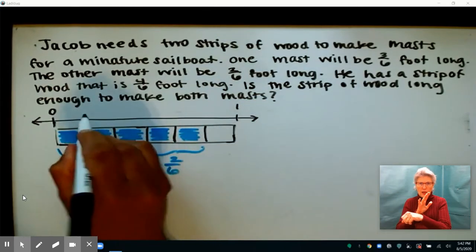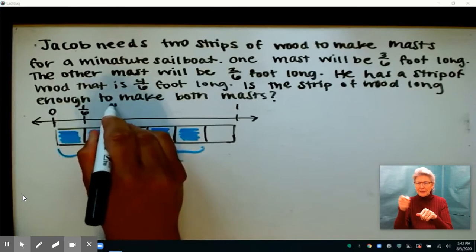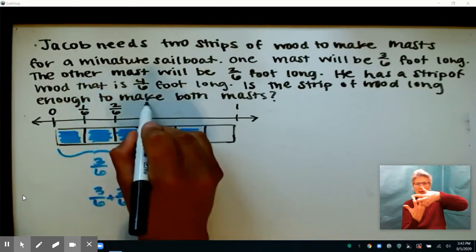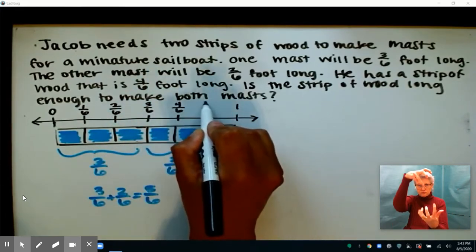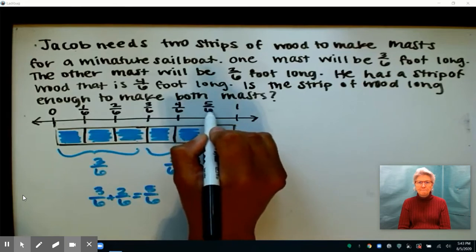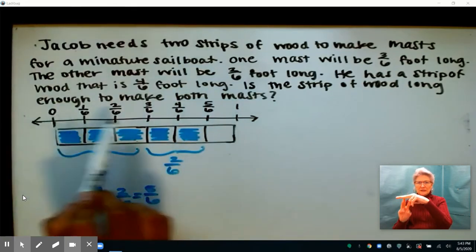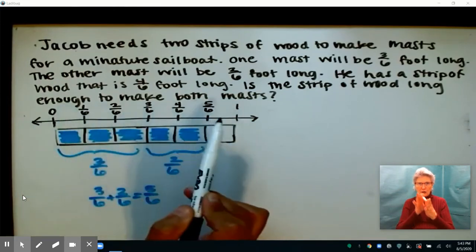And along the way, each mark on my number line will match up with the marks of my rectangle, and I will count up by 1/6. So now I've got my number line that's labeled from 0 to 1, counting up by 1/6 as I go.